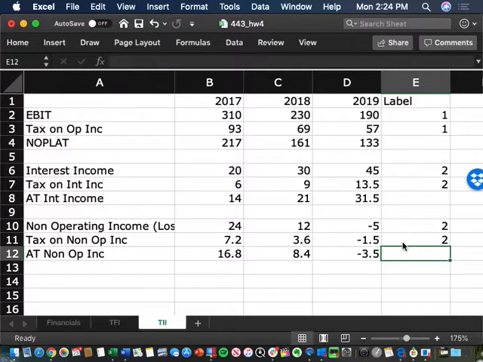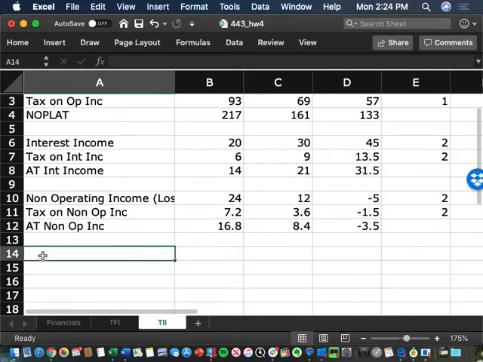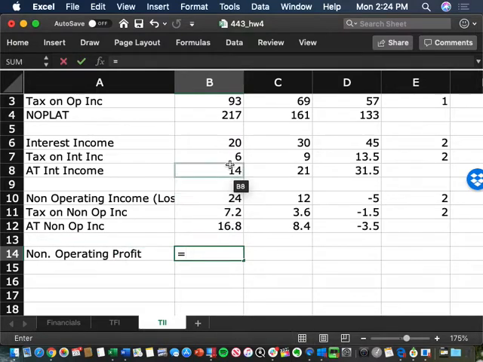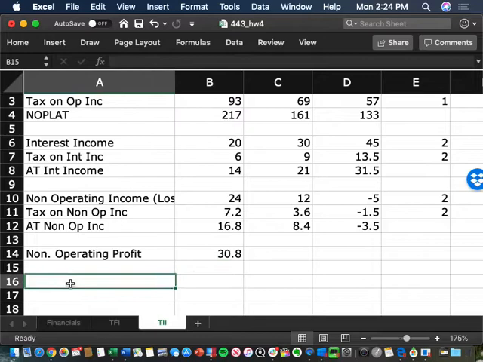So again, we're eventually trying to get to a cash flow impact. All right. Now, as I said, you could have netted these together and then done the tax. I did this more gradually, but eventually we're going to get to the overall non-operating profit or non-operating income, which is the after-tax interest income and the non-operating income, and then we add these together.